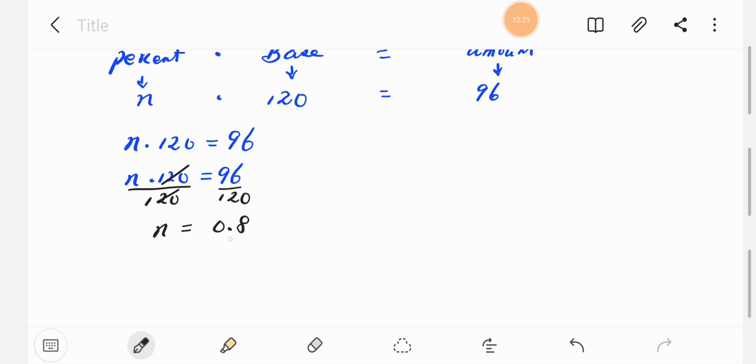So what is the percent for this 0.8? So 0.8 is equal to what? Multiply by 100%. So that is equal to 80%.